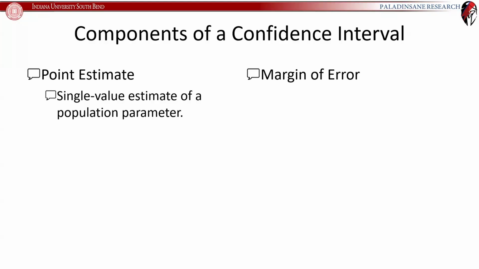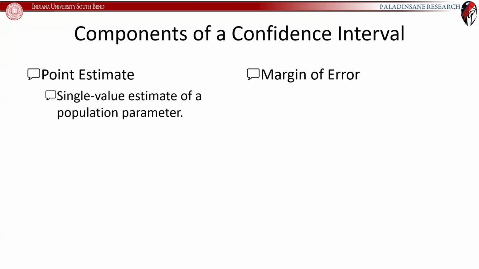A point estimate is usually what you get when you ask people to guess a particular population parameter. So if you walked up to somebody and said, what do you think the average height is of males in North America? What they're going to give you is a point estimate. They're going to say something like, well, it's probably 5'11", right? That is a single number.